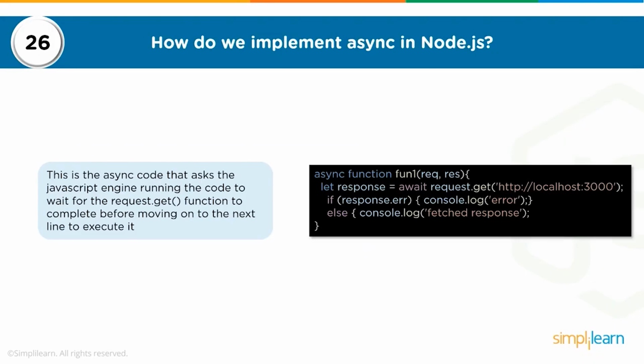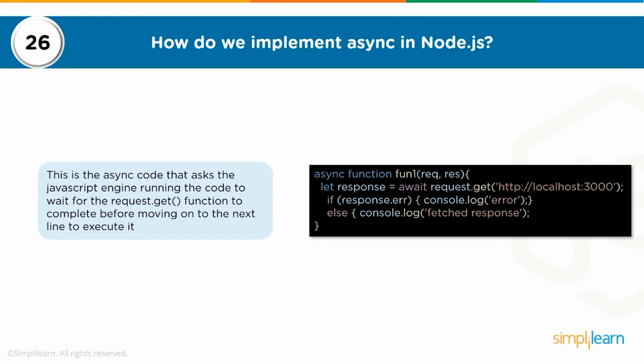So how do you implement async in Node.js? The example that we have on the left-hand side allows us to trigger async, and it's using the async function. As you can see in this example, it's something that can be done very quickly. We're making a command to localhost and an app that's running on port 3000.